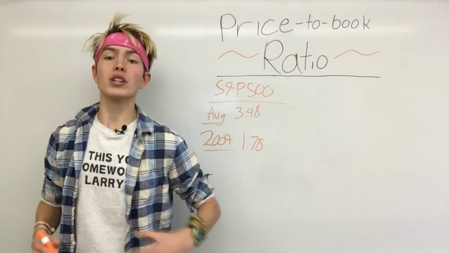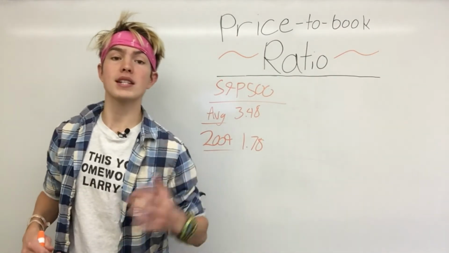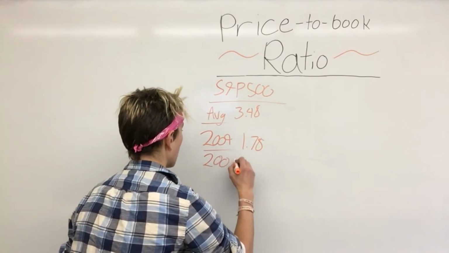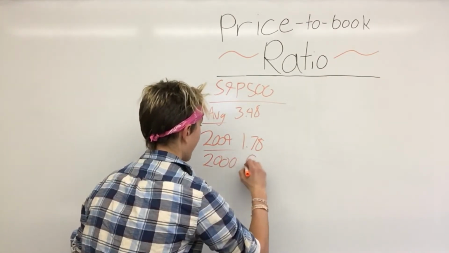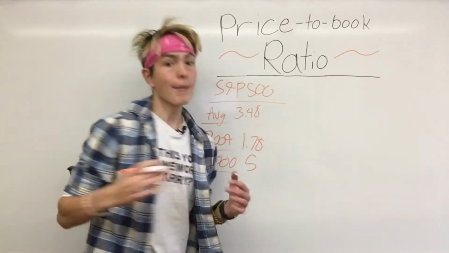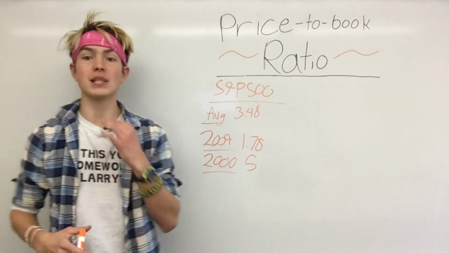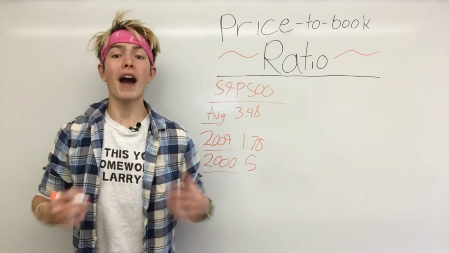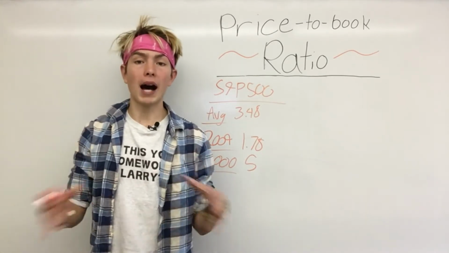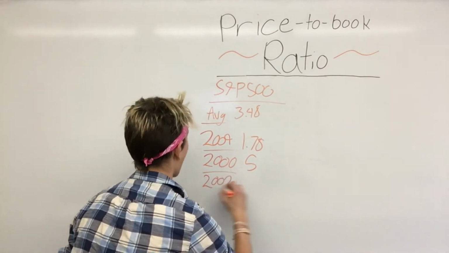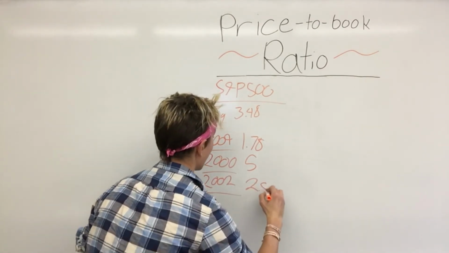But it did start real strong in about 2000, at which point the average price to book ratio was about a 5, which is massive. After the dot-com bubble popped, we fell in 2002 to about half of that, sitting at about a 2.5.